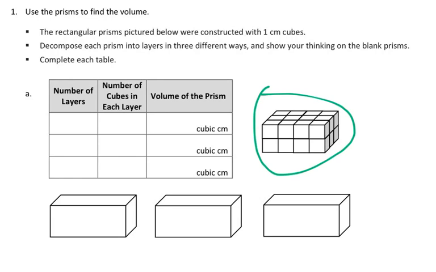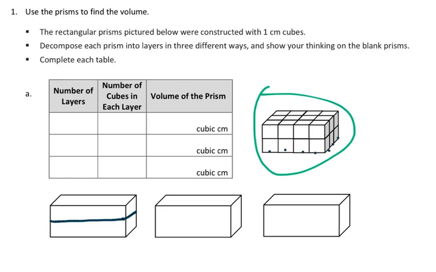So if this is my prism, I'm going to go ahead and make these 2 layers right here. And I know from my diagram that the bottom layer can fit 12 cubes, and I can see that by looking that I have 1, 2, 3, 4 cubes, and then I have 3 rows, so that's going to be 12.